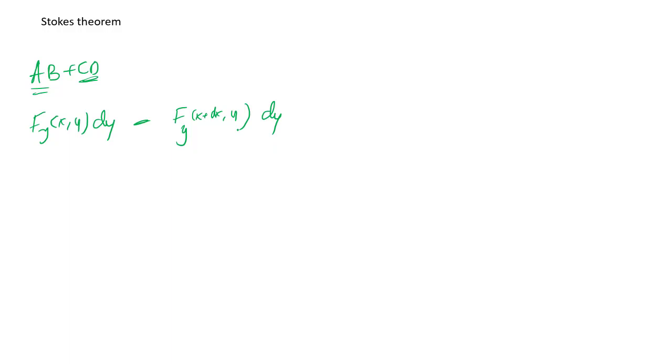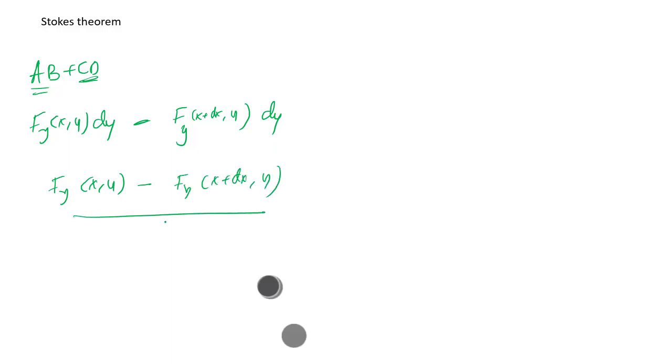So then if I add AB and CD terms, this is what I would get. I would get Fy at xy minus Fy at x plus dx comma y, and here I would have dy. Sorry, I have no dx here. My bad. So I have only dy.